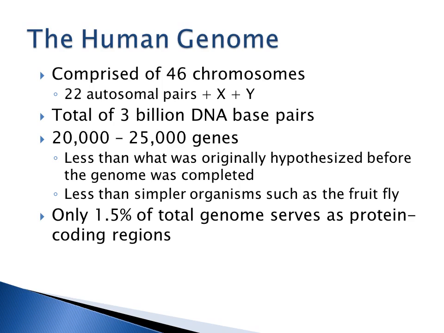There's approximately 20 to 25,000 genes. Now, with 3 billion base pairs in human DNA, it was thought that there'd be a lot more genes than that. But in fact, only 1.5% of the total genome serves as a protein coding region.